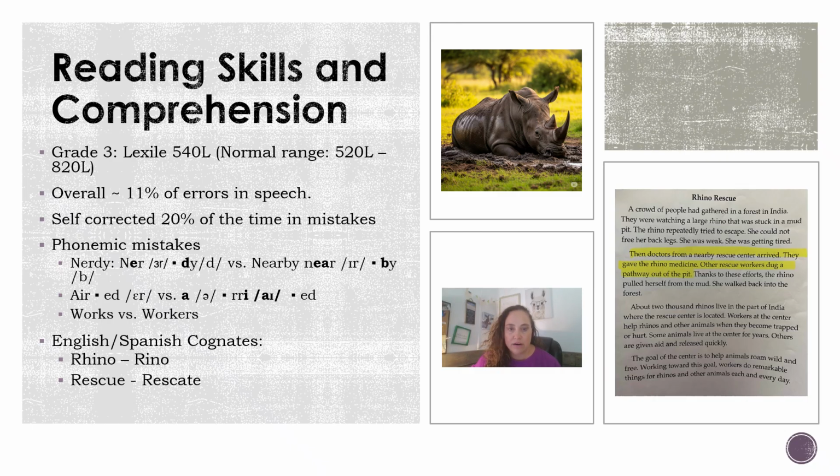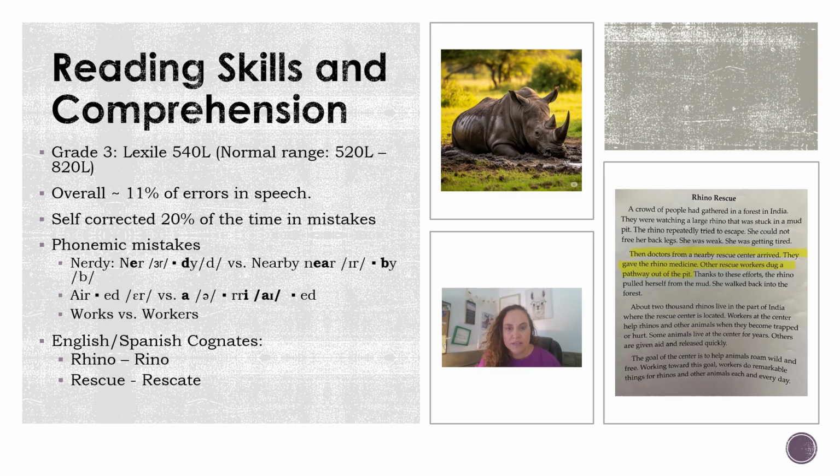And I think where she more likely made that mistake is not necessarily the beginning, the nerd versus the near sound, but with the D and the B. Thinking about nerby may not have made sense to her.